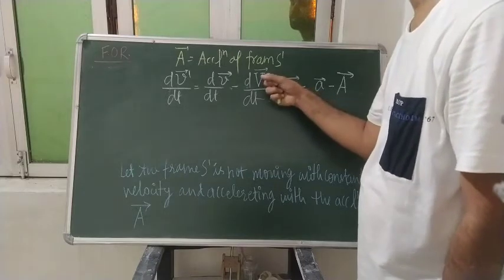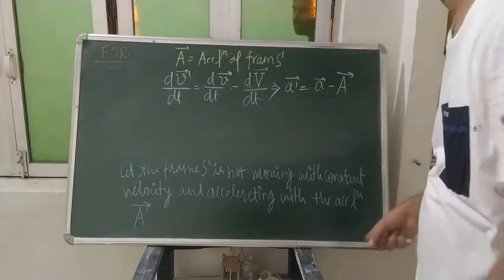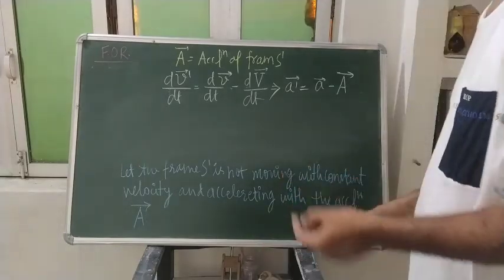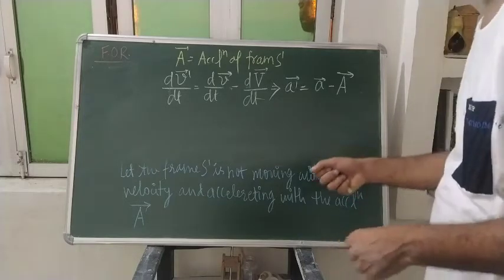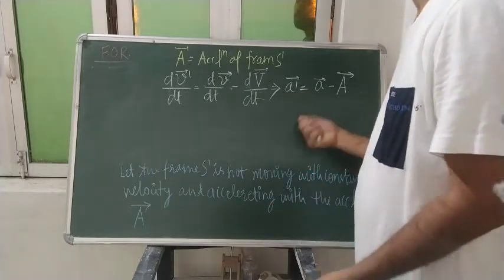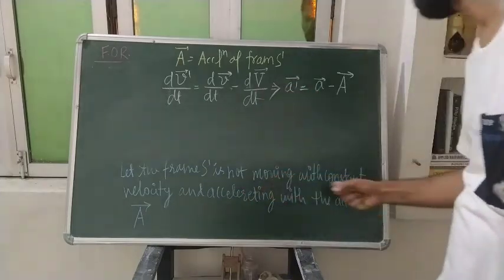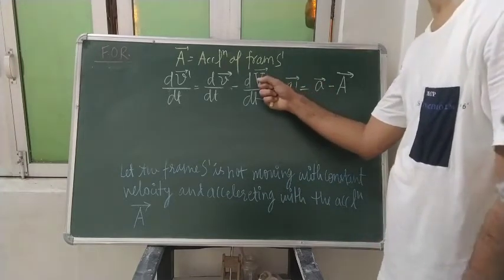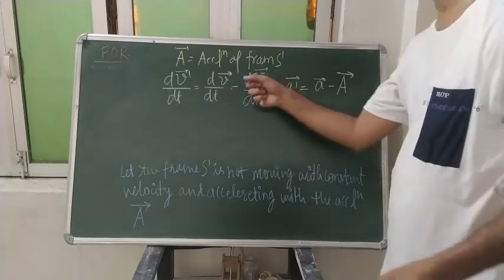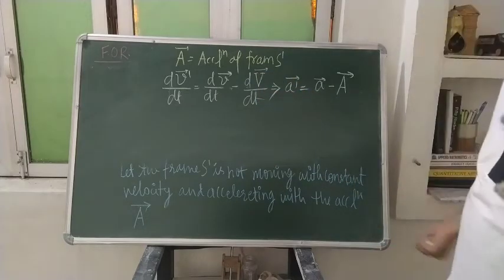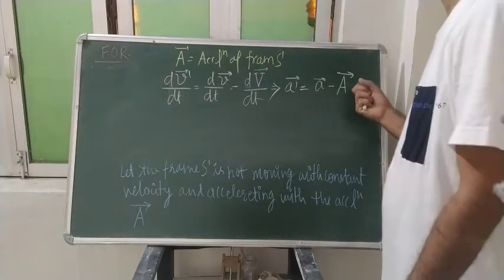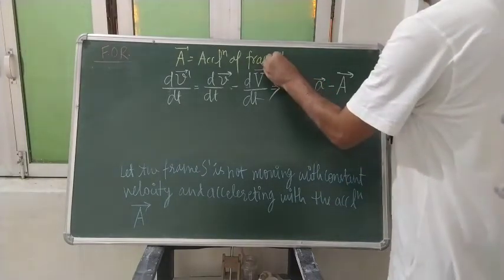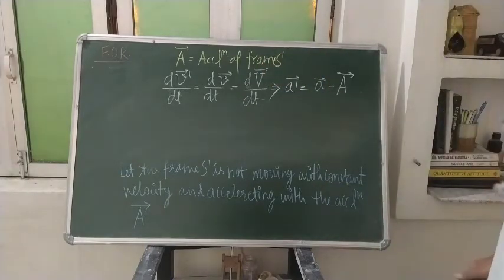And here this expression was coming equal to 0 in the case when the frame S prime was moving with constant velocity, since the differentiation of a constant is equal to 0. But here, since the velocity is not constant, it is moving with certain acceleration, so it is varying. That change in velocity divided by change in time is nothing but the acceleration, and that acceleration we are calling the acceleration of frame S prime, capital A vector. Okay?